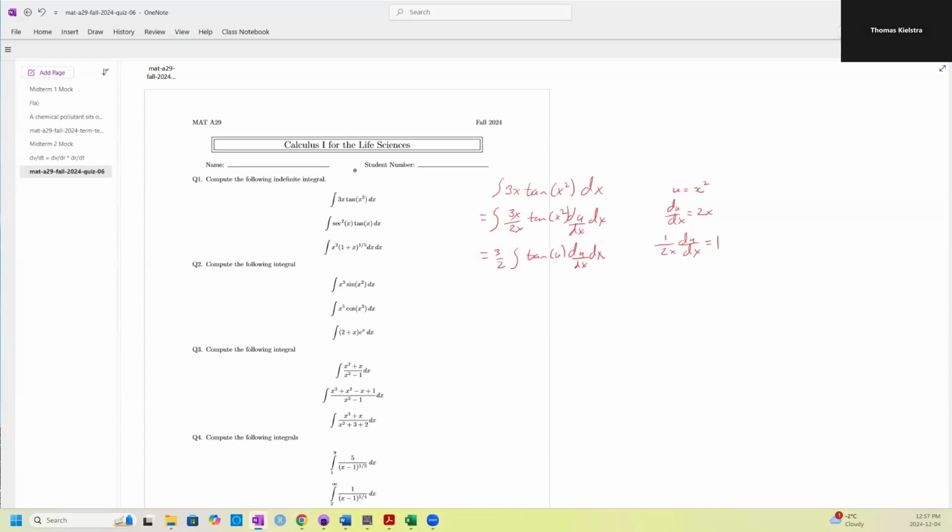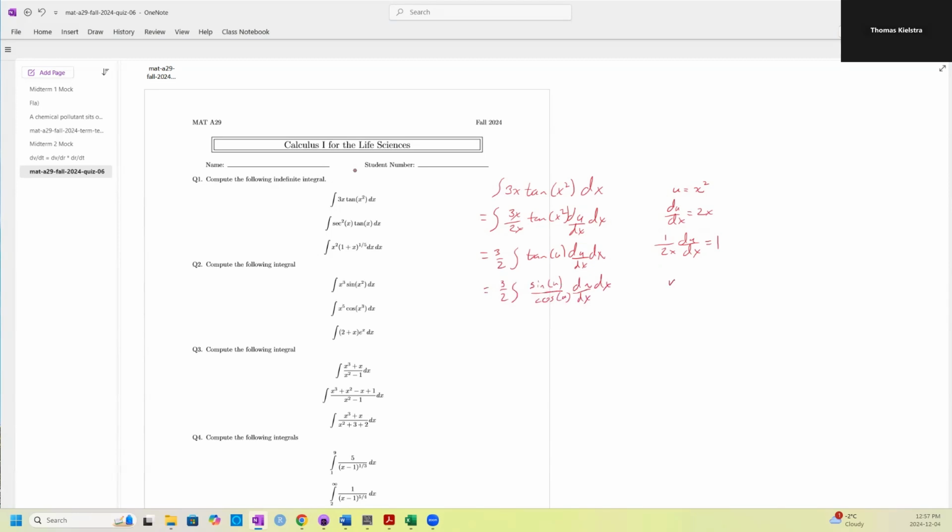Now here I've got tan of u, which we don't have any direct rule, but we might see this and we go, okay, what do I do? Well, what we need to do here is recognize that this is 3 over 2 sine of u over cos of u du by dx.